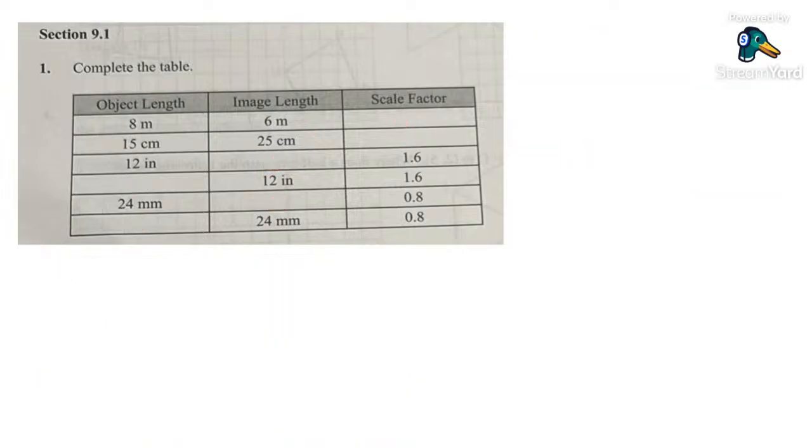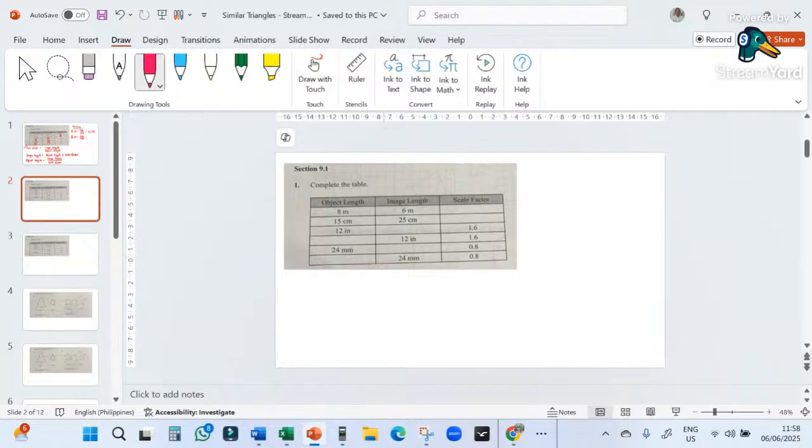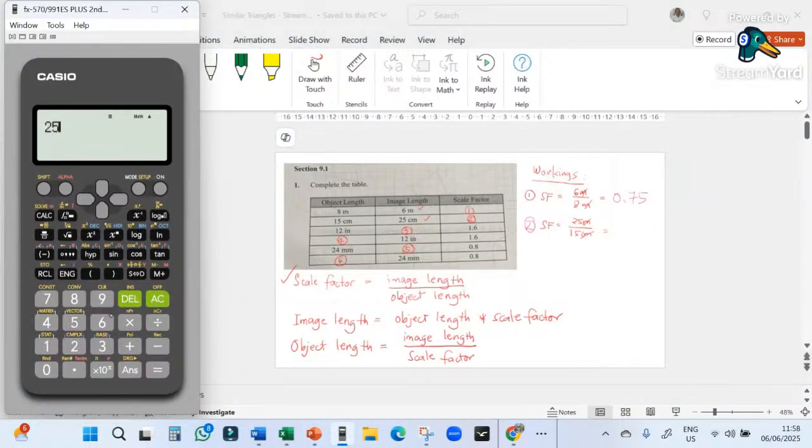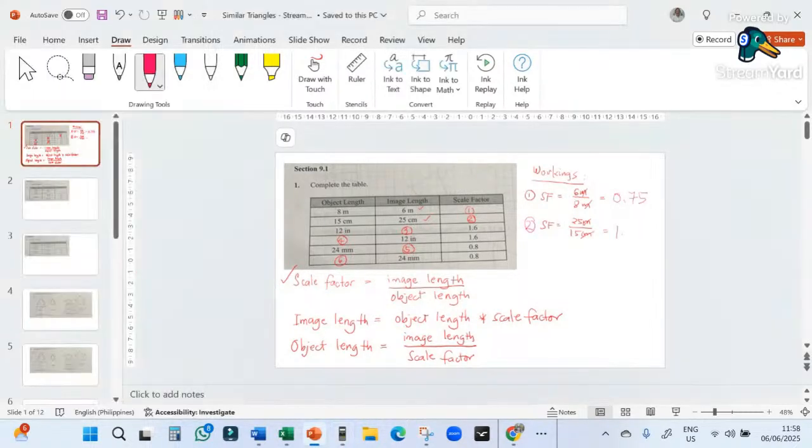So what would be the answer here? 25 divided by 15, that is 5 over 3, or 1.667. We'll round to the first decimal place, that is 1.7, or two decimal places, 1.67. As you can see here, they're all in one decimal place, so let's just be consistent.